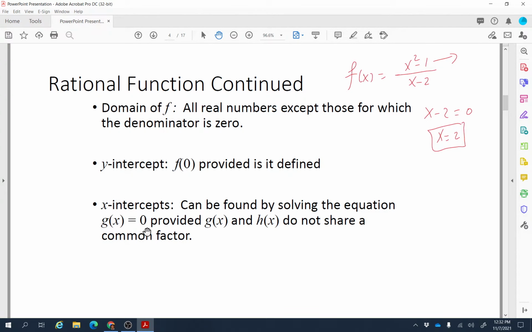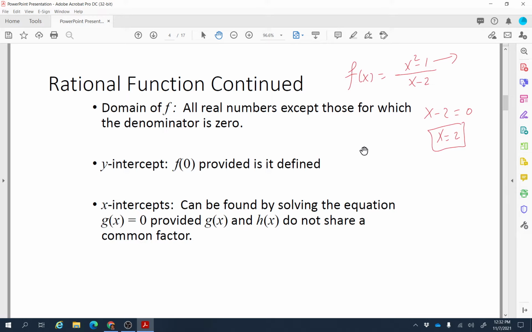So for finding the x-intercept, you factor the polynomial on the top, factor the polynomial on the bottom, cancel the common factor, and then equate the leftover from the numerator with 0 and solve for x. That gives you the x-intercept.